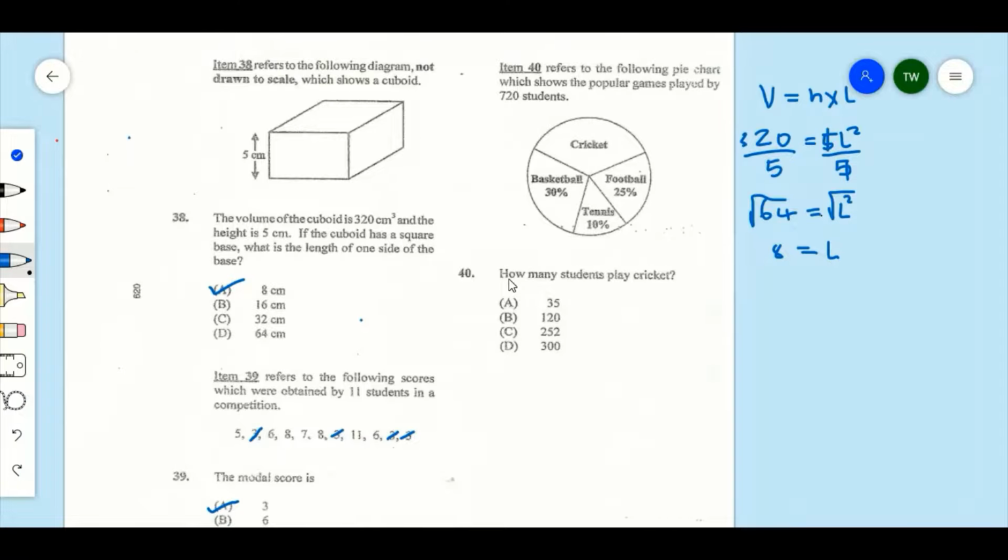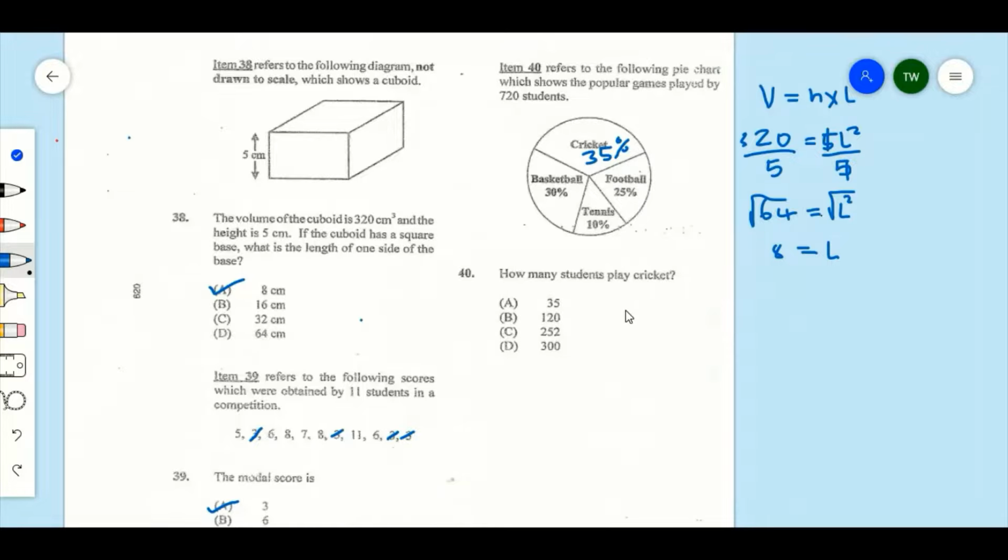So here, question 40 asks us to determine how many students play cricket. As a percent, that's going to be 35%, right? Because the total amount of percent has to add up to 100%.